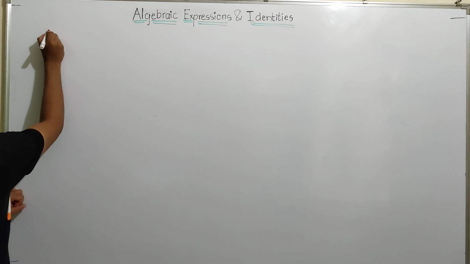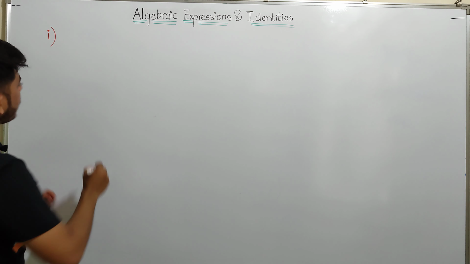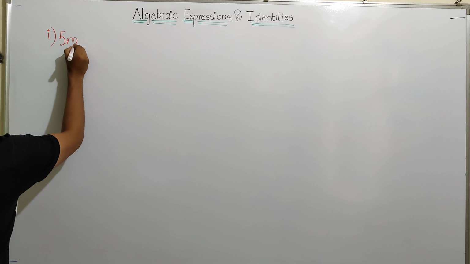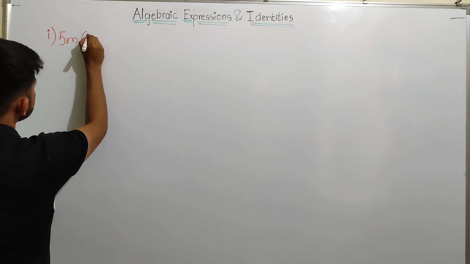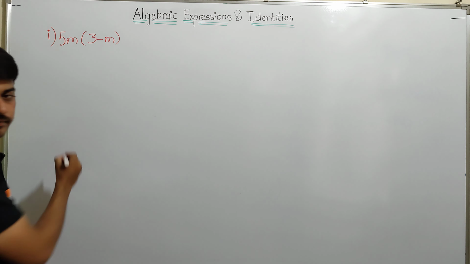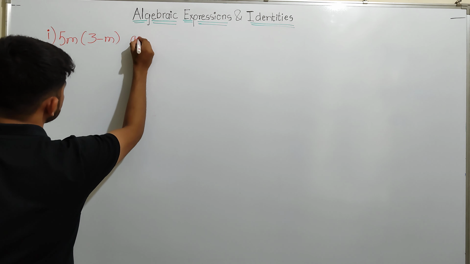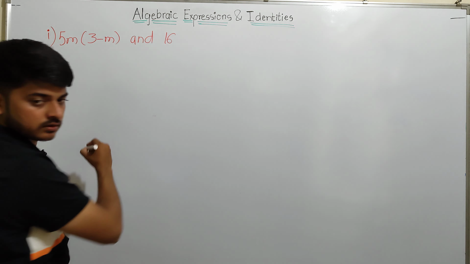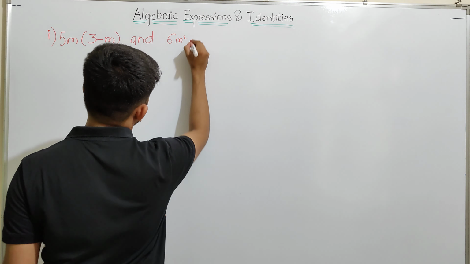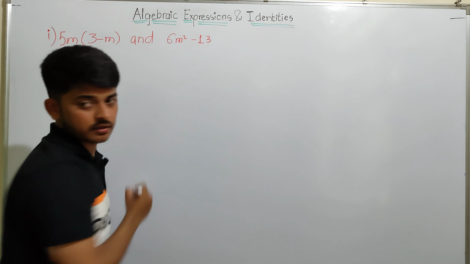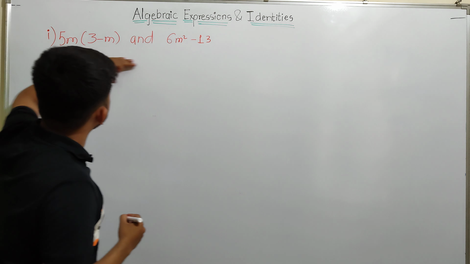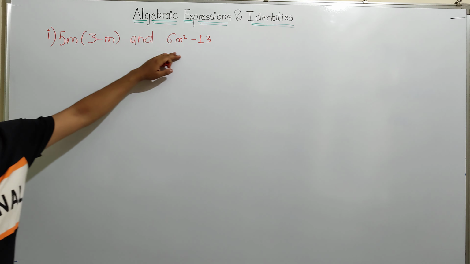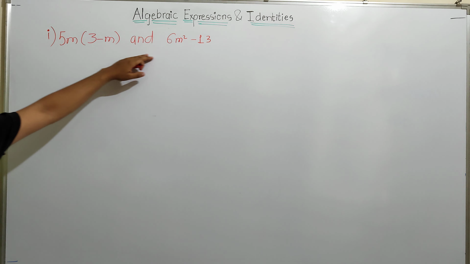Let's see the very first example: 5m into bracket 3 minus m, and 6m square minus 13. Right? So these are the two terms and we have to add them.